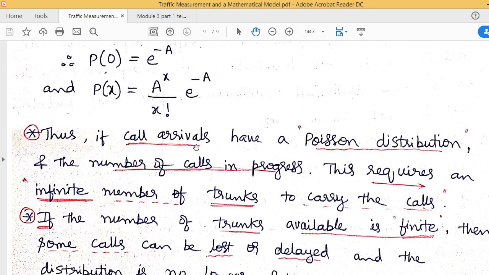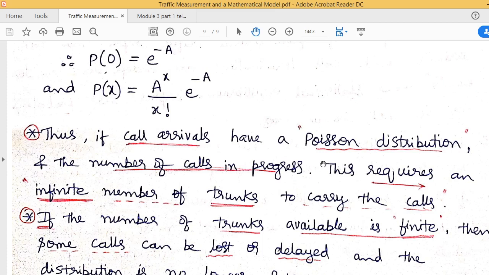So if call arrivals have a Poisson distribution, the number of calls in progress, as well as call arrivals, are going to satisfy Poisson distribution. This requires an infinite number of trunks to carry the calls.